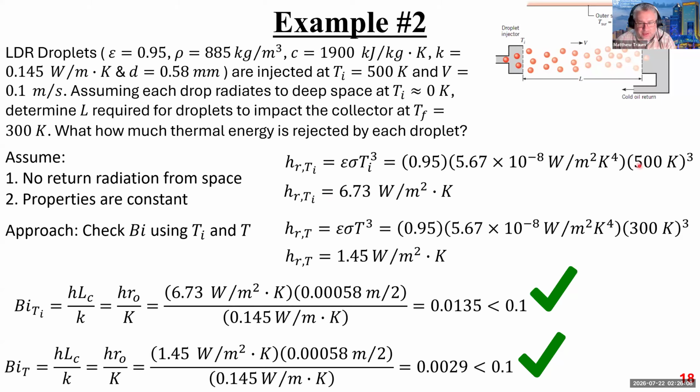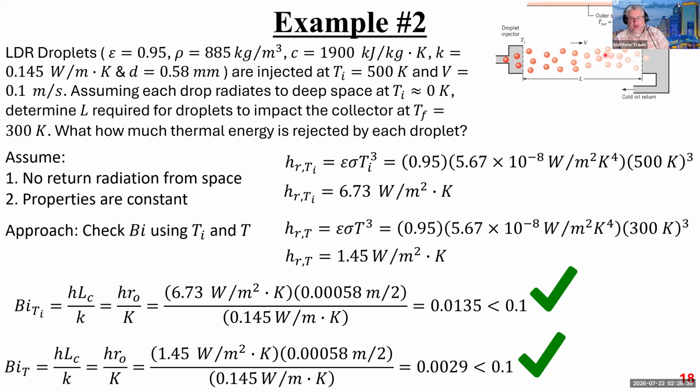I'm going to find h for the case where the droplet is 500 Kelvin coming out of the injector, and then also the case where it's 300 Kelvin entering the collector, just to see what happens if during this traverse the Biot number gets high enough that it's bigger than 0.1, in which case you can no longer use lumped capacitance, right?